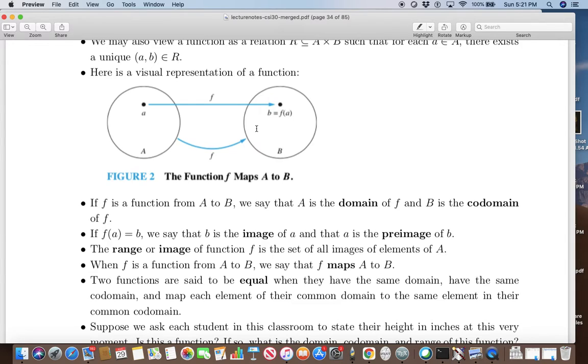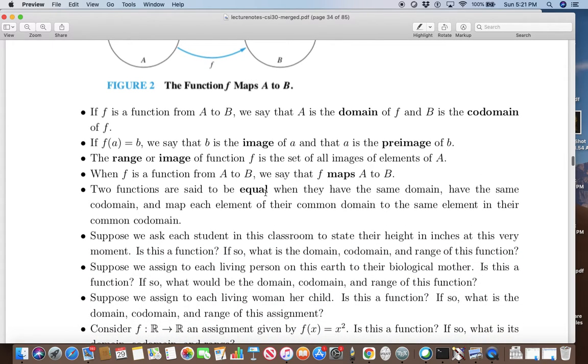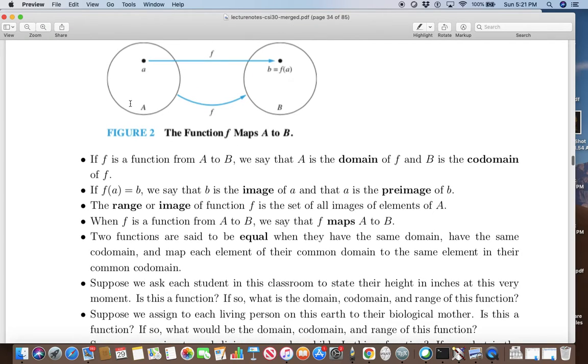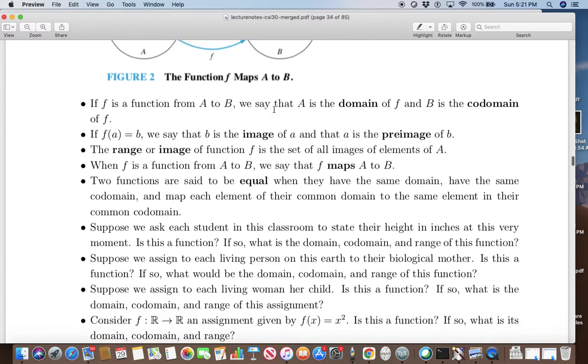That entire set, a subset of B, is called the range or image. Two functions are said to be equal when they have the same domain, have the same codomain, and map each element of their common domain to the same element in the common codomain.